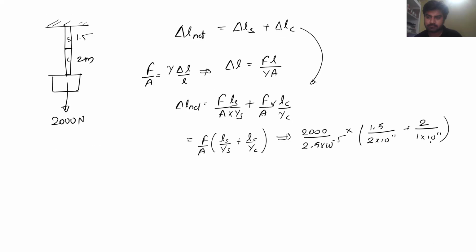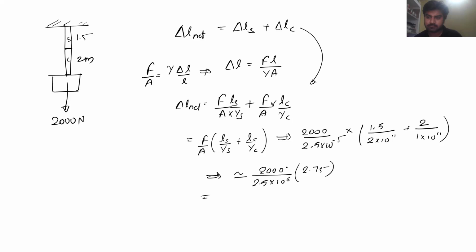Taking 10 to the power 11 common, it will be 2000 divided by 2.5 into 10 to the power minus 5 into 10 to the power 11, which is 10 to the power 6. 1.5 by 2 is 0.75, and 0.75 plus 2 is 2.75.